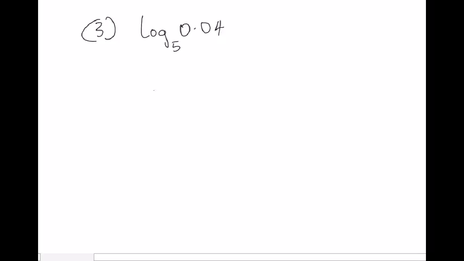Let's just pick a letter, let's pick R. R equals log 0.04 base 5. Therefore 5 raised to power R will be equal to 1 over 25. How do we get that?